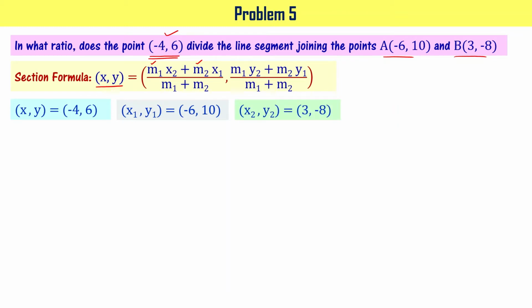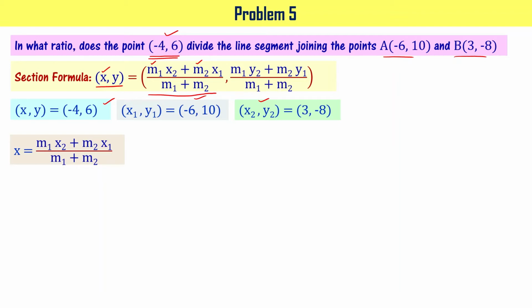Now let's substitute all these values into the equation such that we'll get the values for m1 and m2, or the ratio m1 by m2. Let me write only the formula for x, that is x equal to m1 x2 plus m2 x1 divided by m1 plus m2, right?